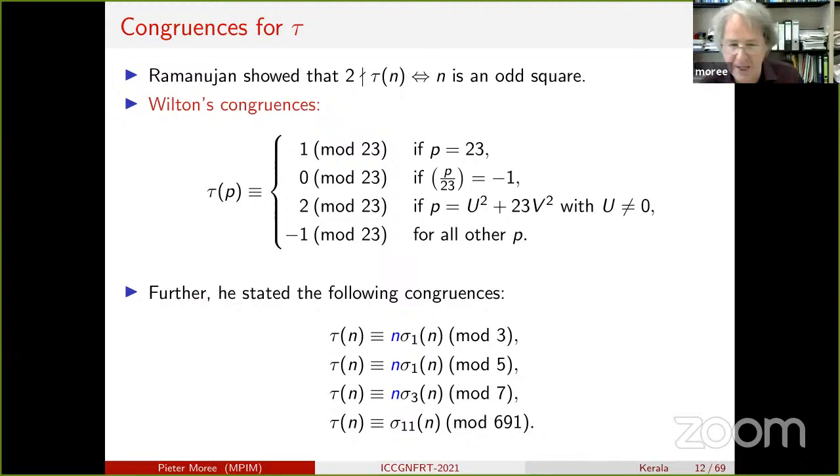On the other hand, the space of cusp forms is one-dimensional, so there can only be one, so to say. Therefore, these two are going to be equal. That's roughly the idea of the proof.